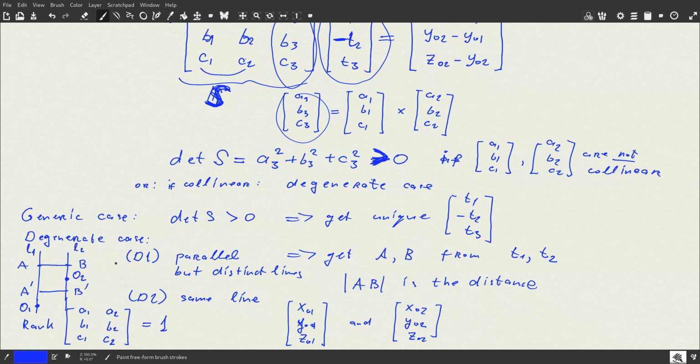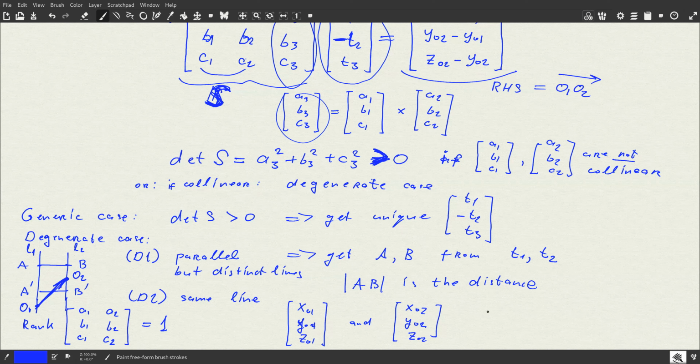Okay, what can we do? Let us construct a vector which connects those 2 points between O1 and O2, all right? By the way, this is the vector here on our right-hand side. This is the vector O1O2.